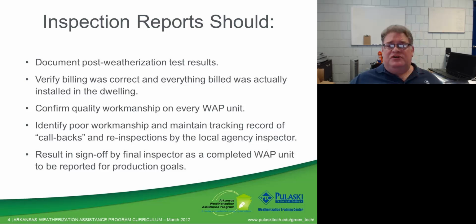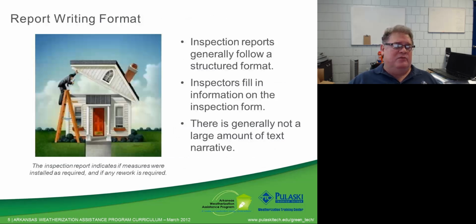The inspection report should finally lead any deficiencies to a corrected state. In other words, if we have poor workmanship on the sheetrock, then the inspection reports should point that out, request a callback or a rework to the point where we now have acceptable quality work that we can now file a final inspection report and request that the unit be paid as a completed project.